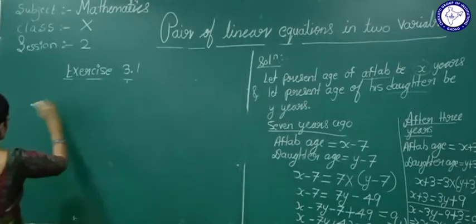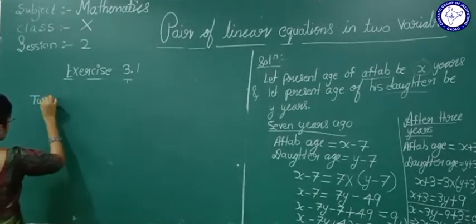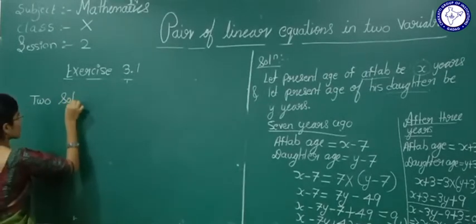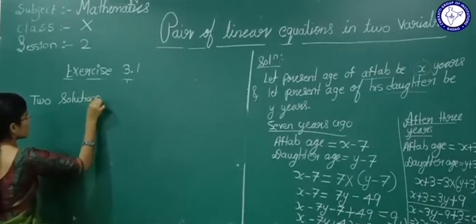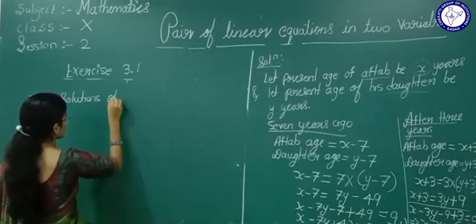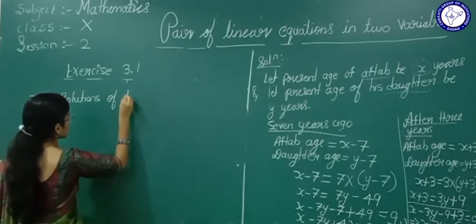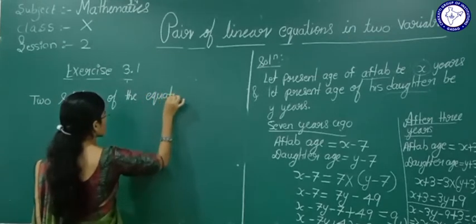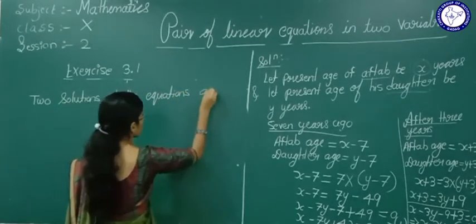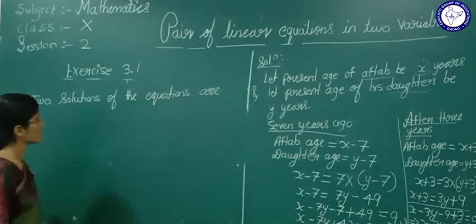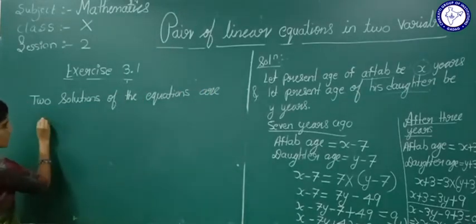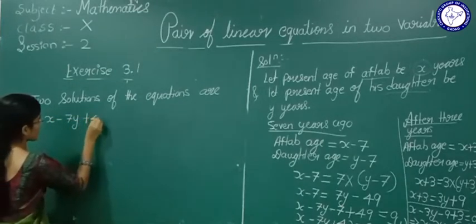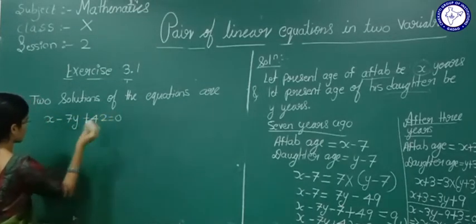Now see here, two solutions of the equations. You can take 2, 3, more than 2. First we write x minus 7y plus 42 is equal to 0.